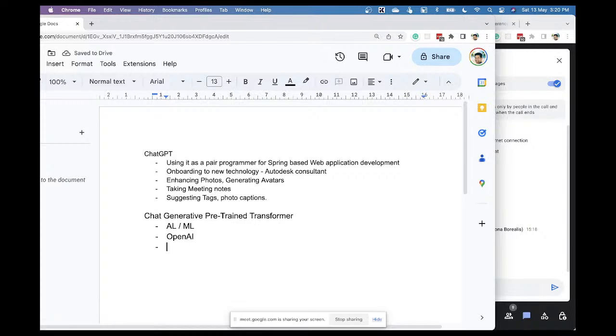ChatGPT is one of them, and chat is because you can interact with ChatGPT using chat prompts, right? And generative because it not only gives you a response based on references, it can generate new text. It is creative also. It can generate poems, ideas, and suggestions for various prompts which you give.